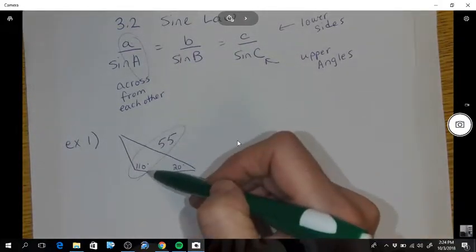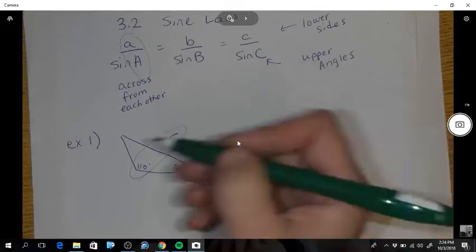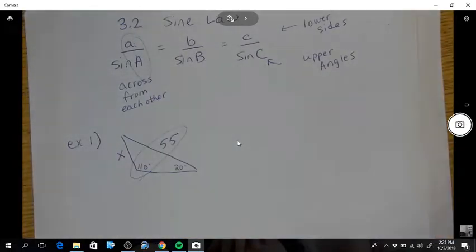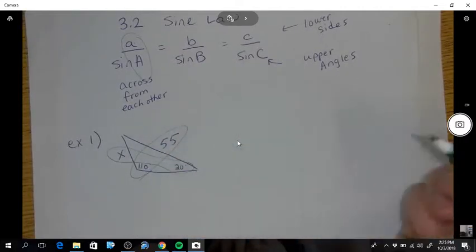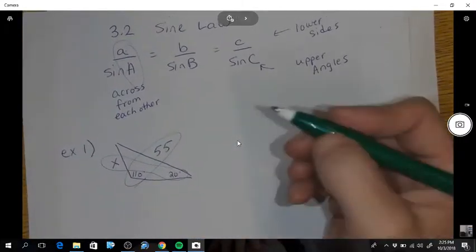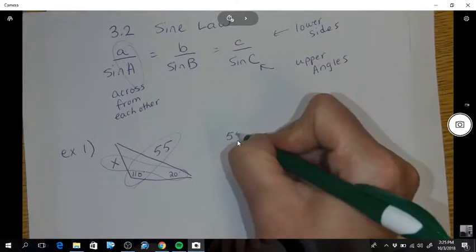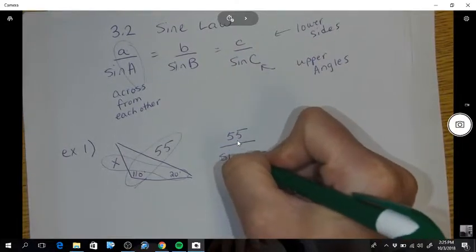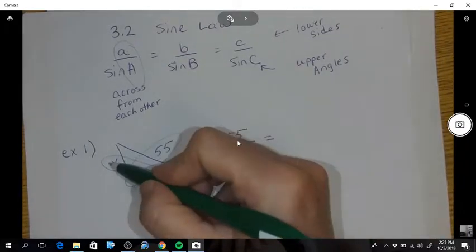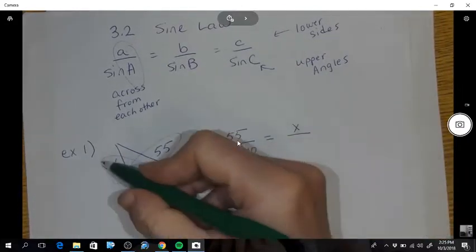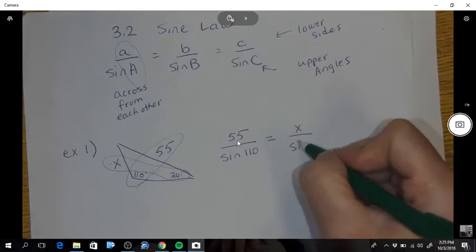So that is across from each other, and we're going to find that side x. So this is also a pair across from each other. So we're going to write it like this. 55 over sine of 110 is equal to the ratio of x over sine 20.